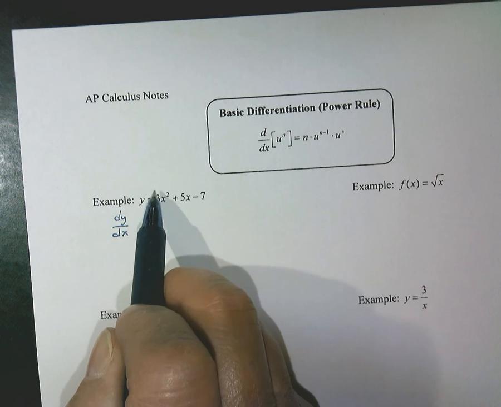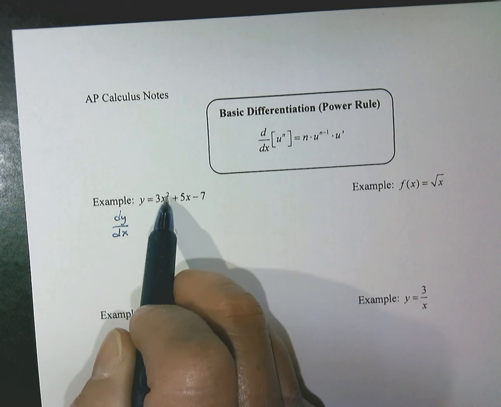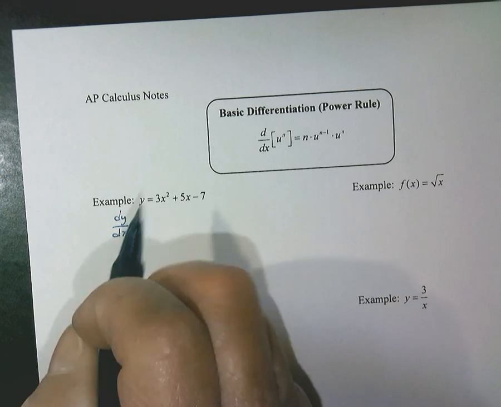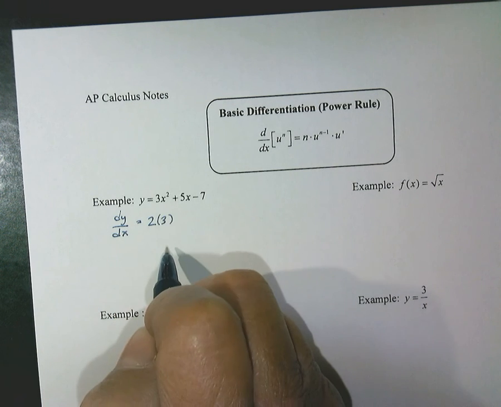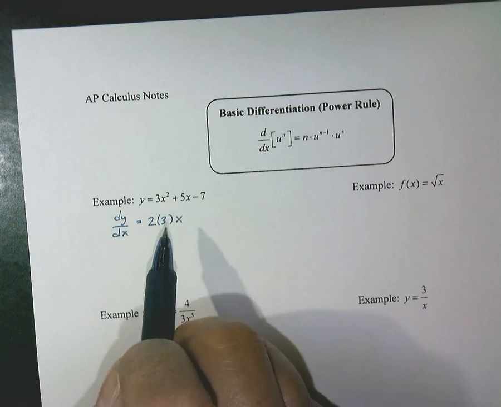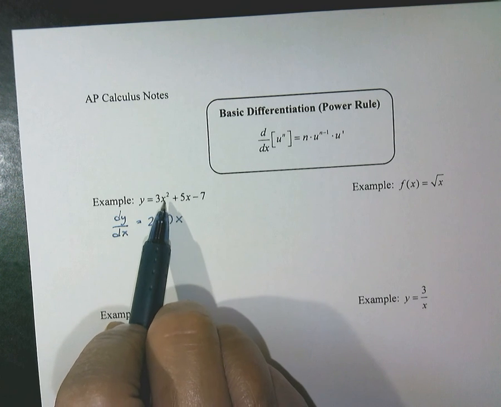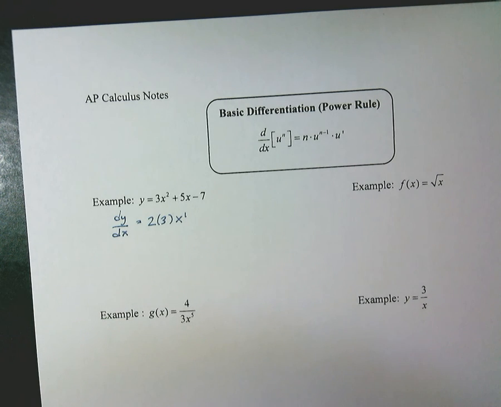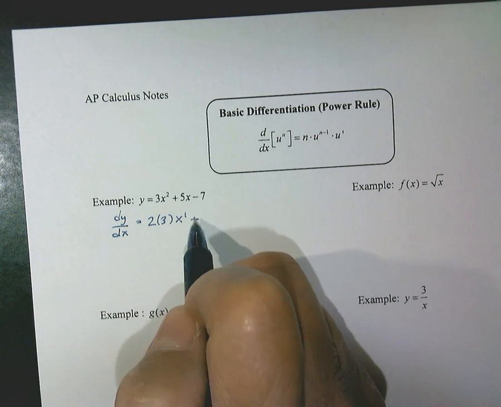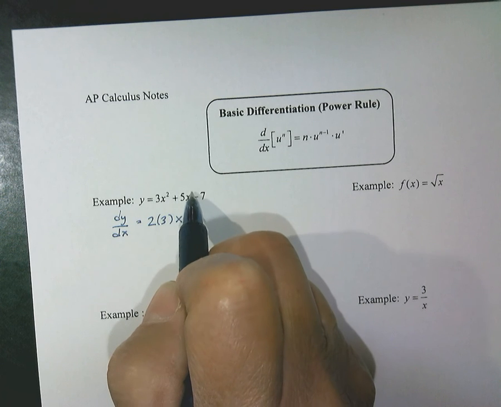If I look at the function 3x squared, the derivative of 3x squared, I'm going to bring the 2 in front, multiply that by the 3, multiply by the function, but I'm going to decrease the function by one exponent. If this is an x to the 2, this is going to be an x to the first. The second one, 5x to the first.